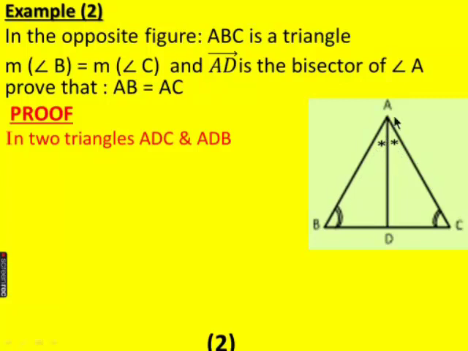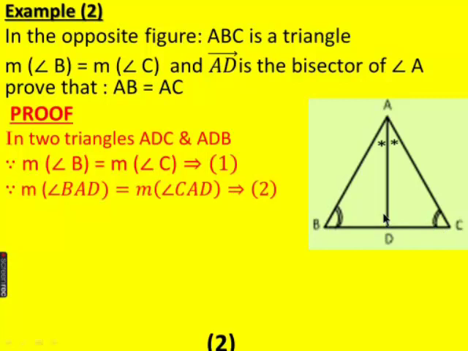Now in the opposite figure, we have two triangles, which are ADC and ADB. What is the relation between the two triangles? In the two triangles, we have the measure of angle B equals the measure of angle C from the given, and the measure of angle DAC equals the measure of angle DAB from the given also.